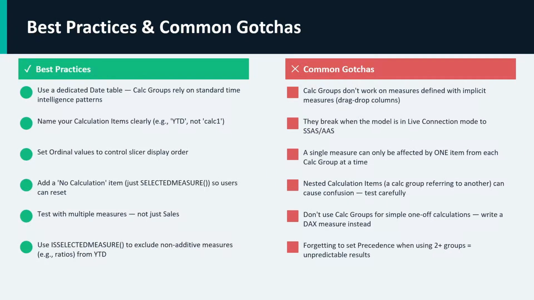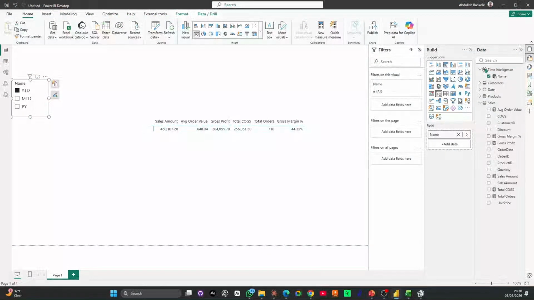Also, you need to set your ordinal values always, because if you don't, it will arrange it for you alphabetically, and that might not be what you want. Your company will always want to see YTD first before MTD, before previous year. Be professional.